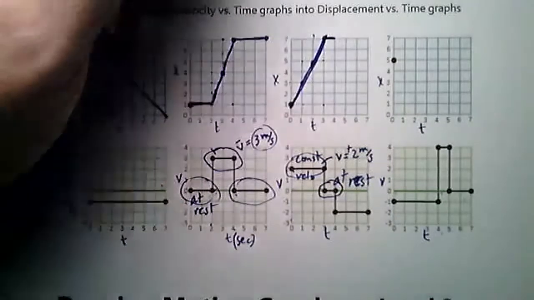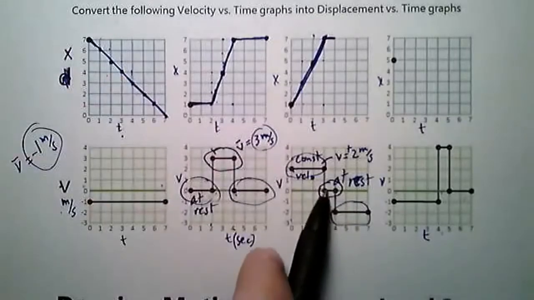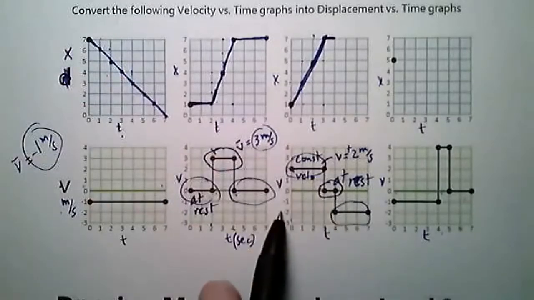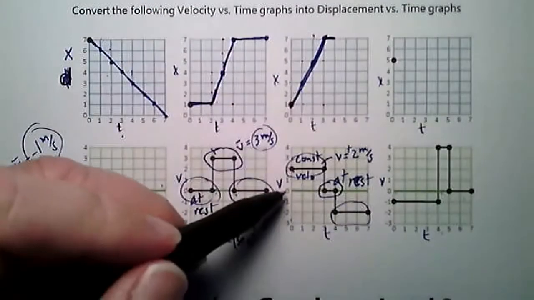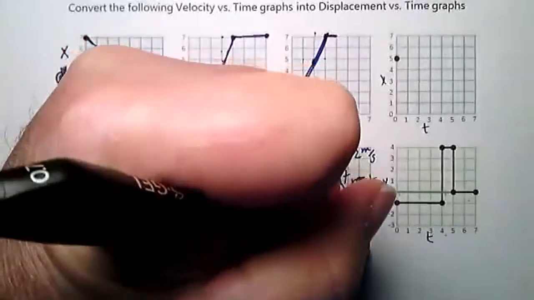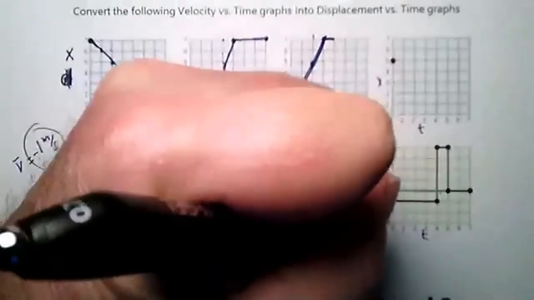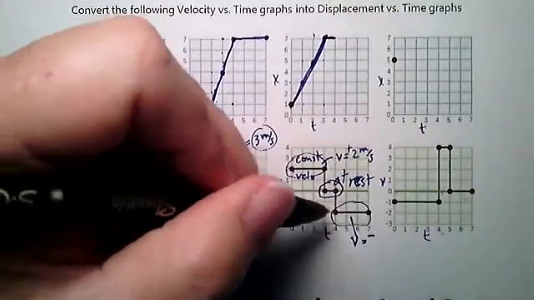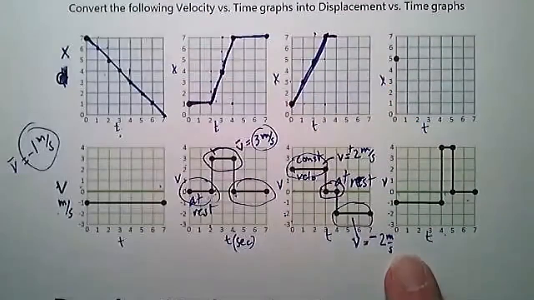Okay. All right, let's look at the last one here. What's our velocity here? I know it's not 0. I actually know that it's negative. So I already know this line is going to be sloping downward. How much is it going to slope? Well, your velocity during this period is simply going to be negative 2 meters per second. So once again, each second, it's going to change by negative 2 meters.